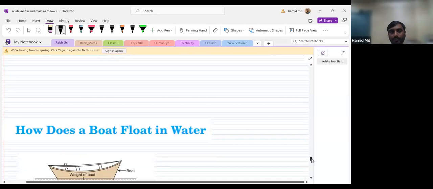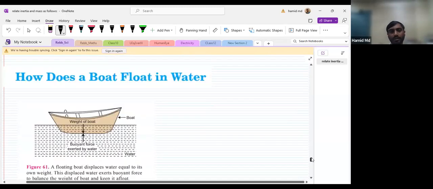Yes, sir. Now we have some questions, I think. Answer this question: why does a boat float in water, studying all those concepts? What is the reason? Why does a boat float in the water?